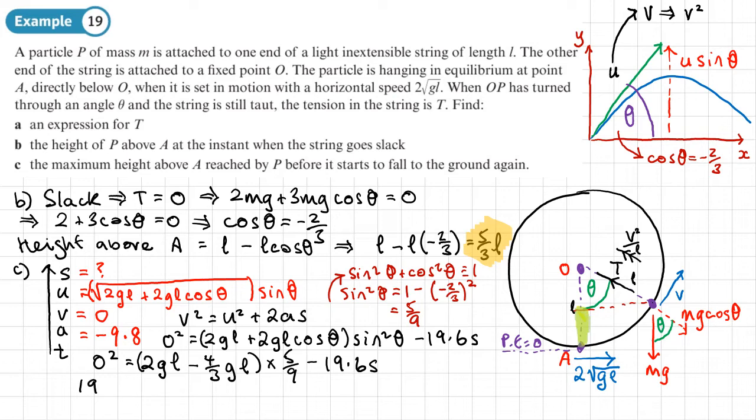It's going to be equal to, now if I put all of this together and simplify it, I end up with 10 over 27 GL.